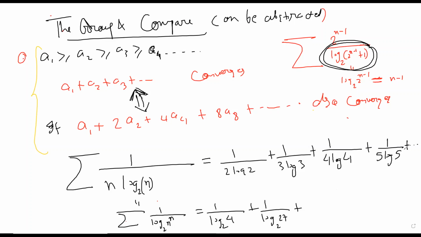Bigger than the HN? No, it is lesser than the HN, because there is a 3 here and there is a 4 here. Suppose you pick 1 by 4 and 1 by 4 log 4. 1 by 4 is obviously greater, because you're multiplying by log 4, which is greater than 1.